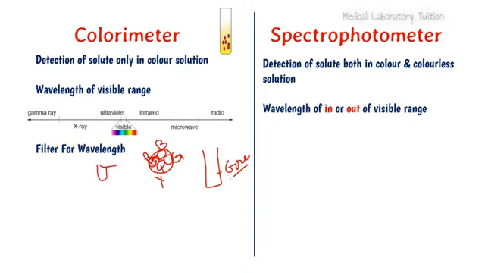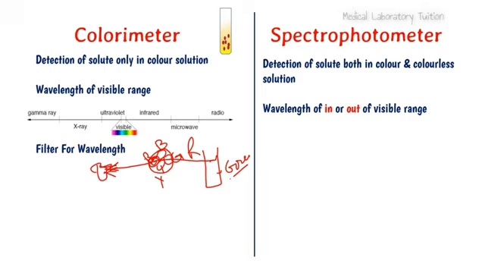Suppose from the source we get multiple rays, blue, green, red, all, but we have to pass only red light, because the green solution absorbs maximum red light and it is very sensitive for determining our solute. That's why we use a filter to select the particular rays, and this is red for a green solution.